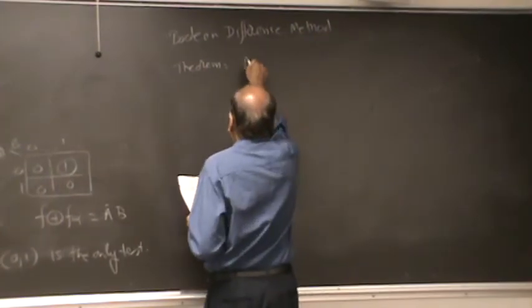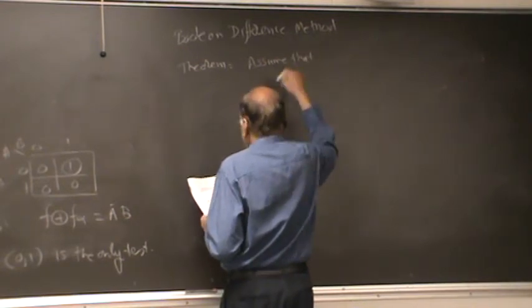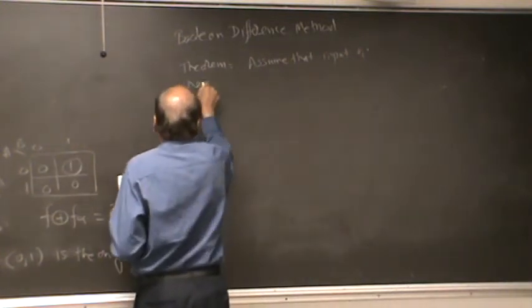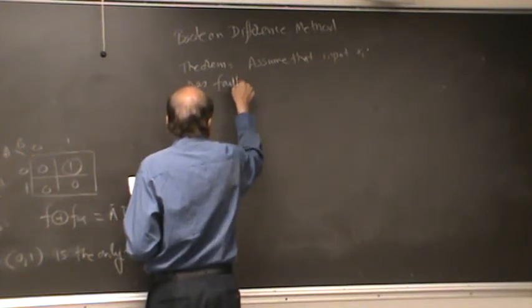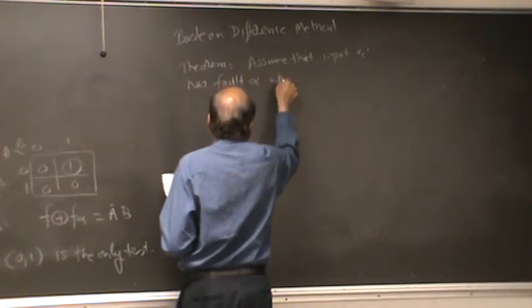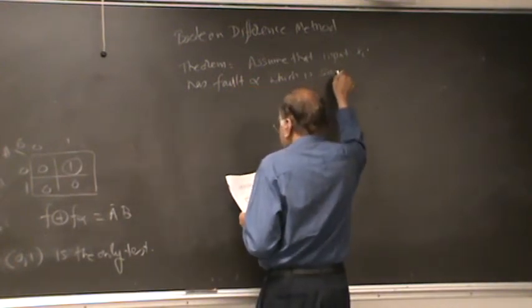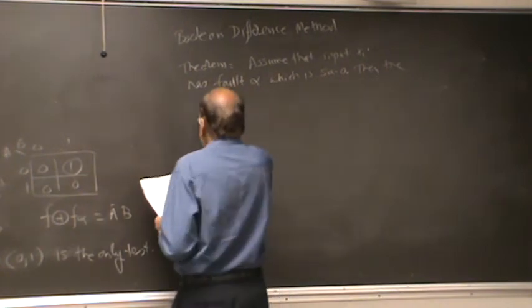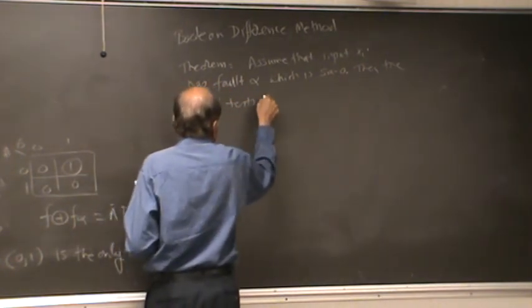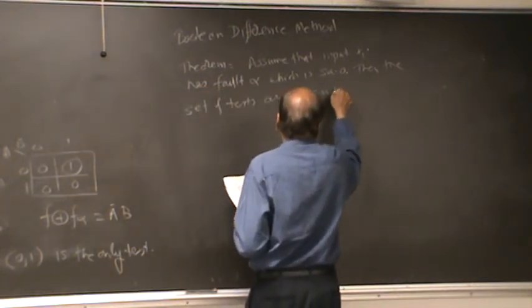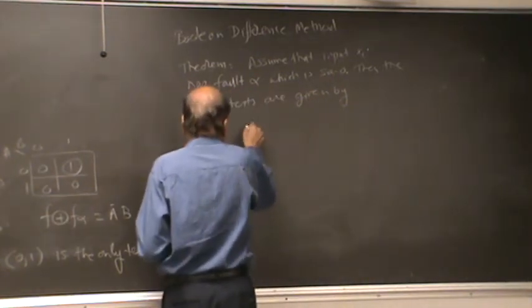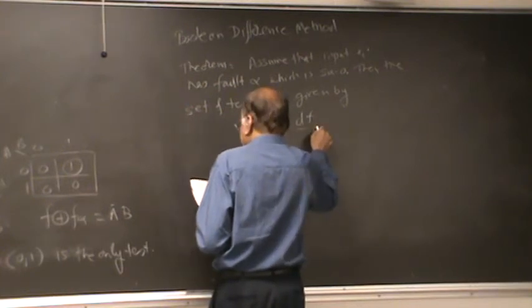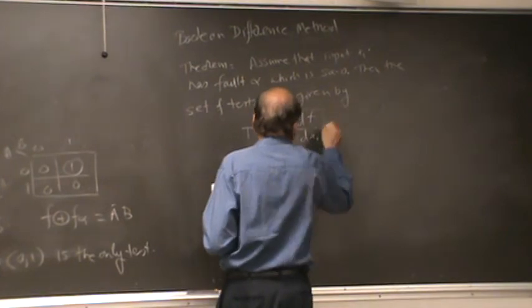And let's assume that an input x sub i has a fault alpha, which is stuck at 0, then the set of tests are given by x sub i multiplied by df by dx i.